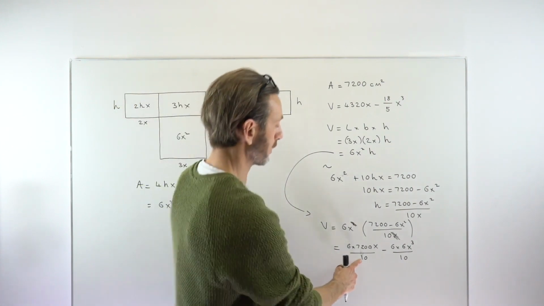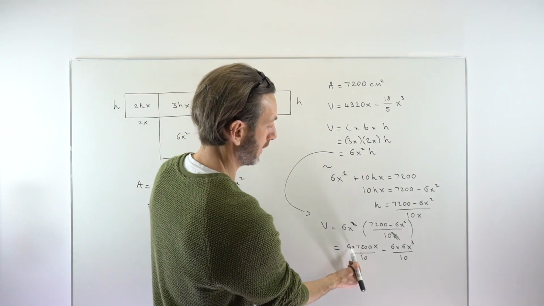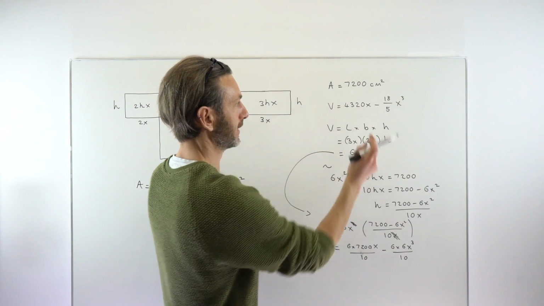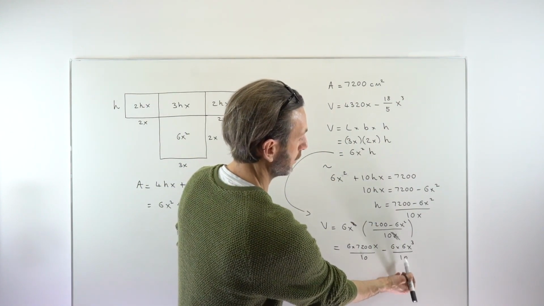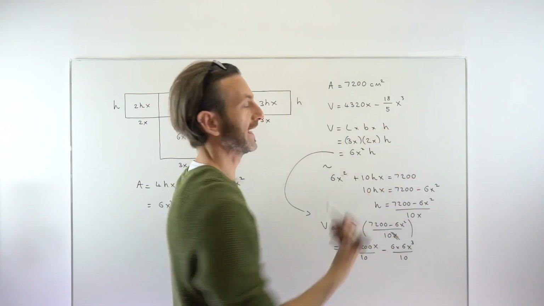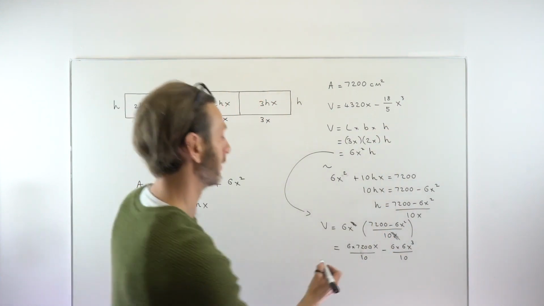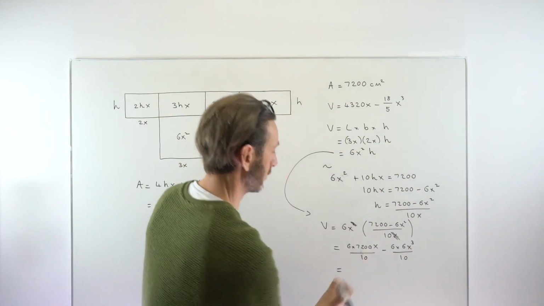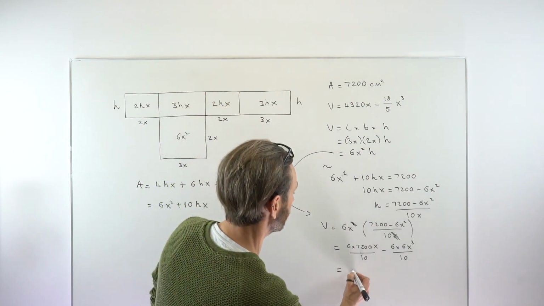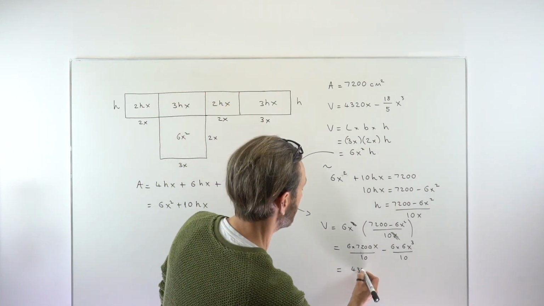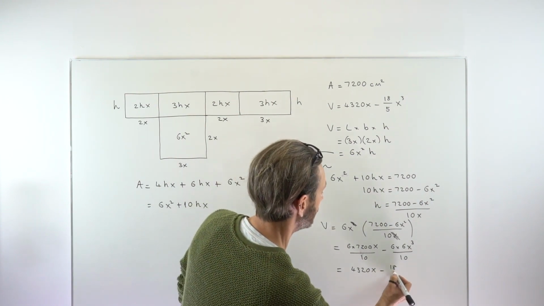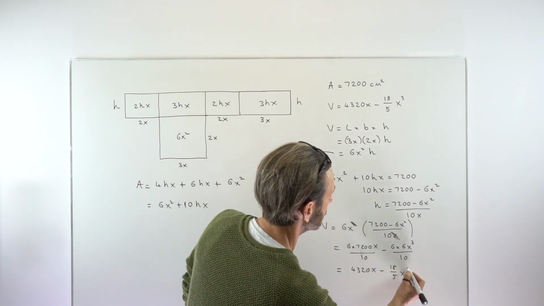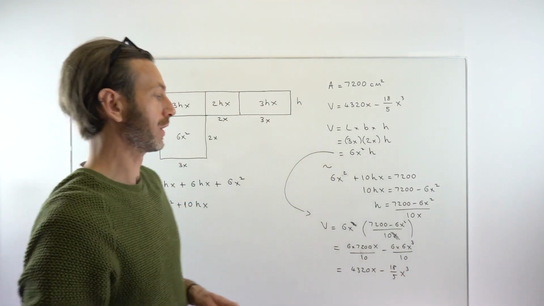If you take that forward and perform that calculation, that times that divided by 10, you're going to get that number. If you take this one forward, you're going to get 36 over 10, which would simplify to 18 over 5. So just a calculator exercise, really, and that would give you this number here, 4320x minus 18 over 5 x cubed, and that is the formula that we were looking for.